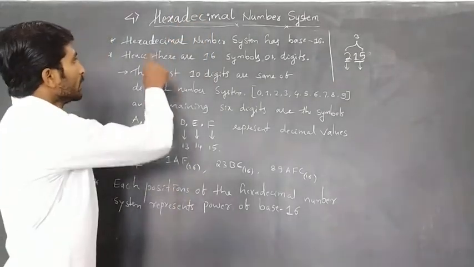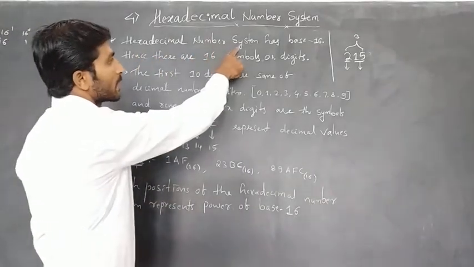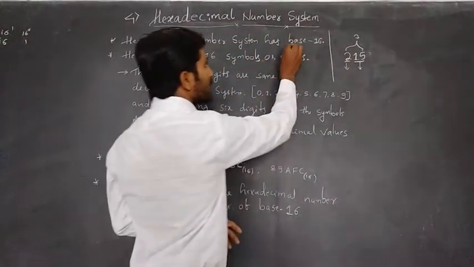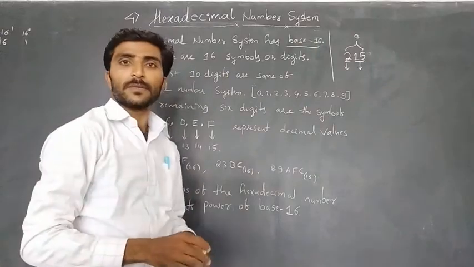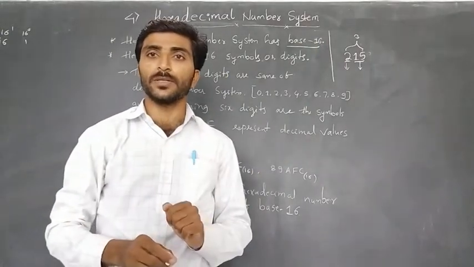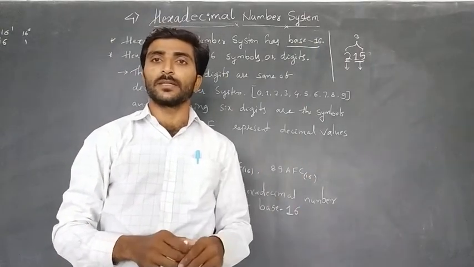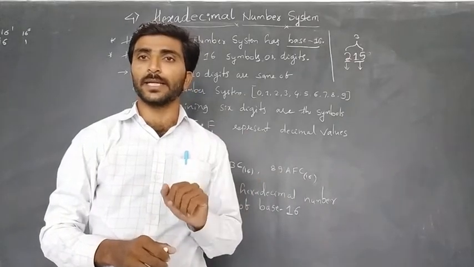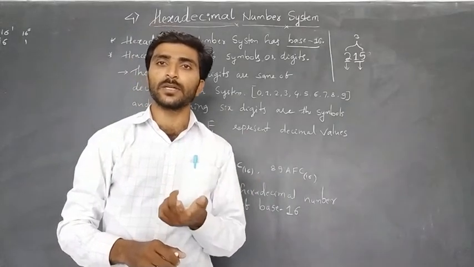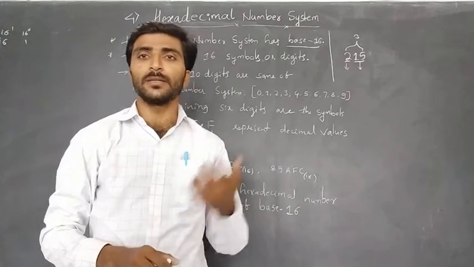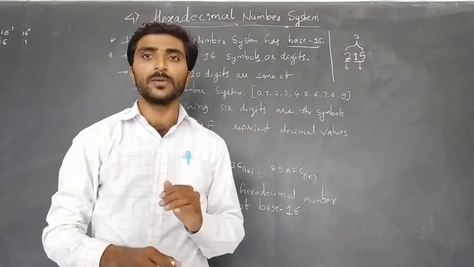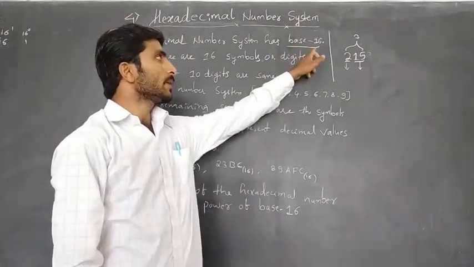The hexadecimal number system has base 16. The decimal number system has base 10, which means 10 symbols or digits are available in that system. Here we are using 16.